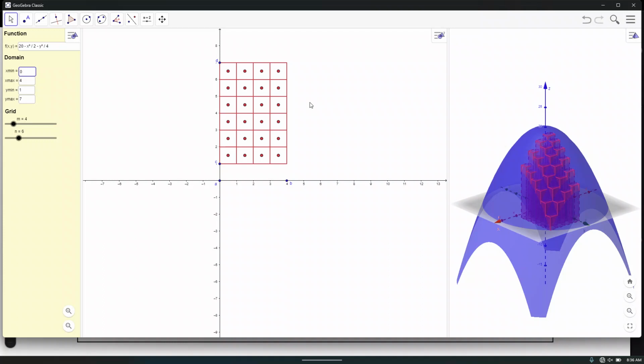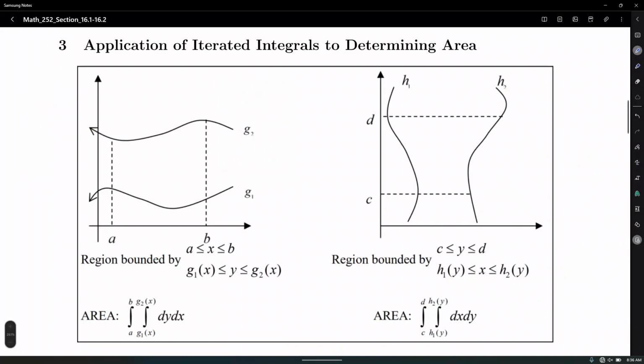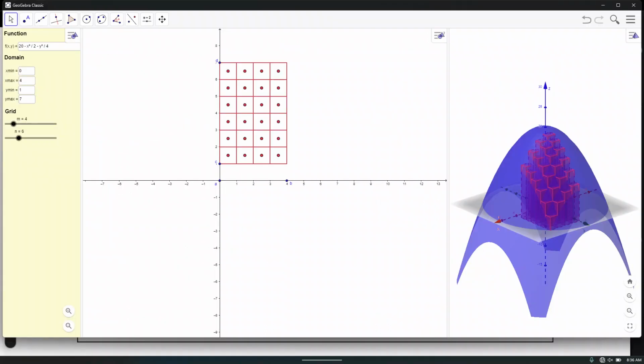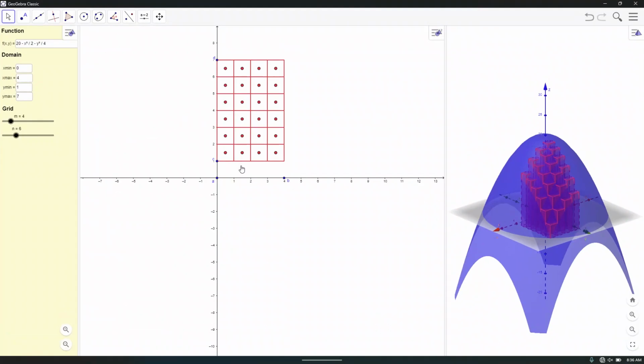What are those squares going to be? Here we're going to have these squares where we have some length, let's call that delta x and delta y. That is an increment in the direction of x and an increment in the direction of y.